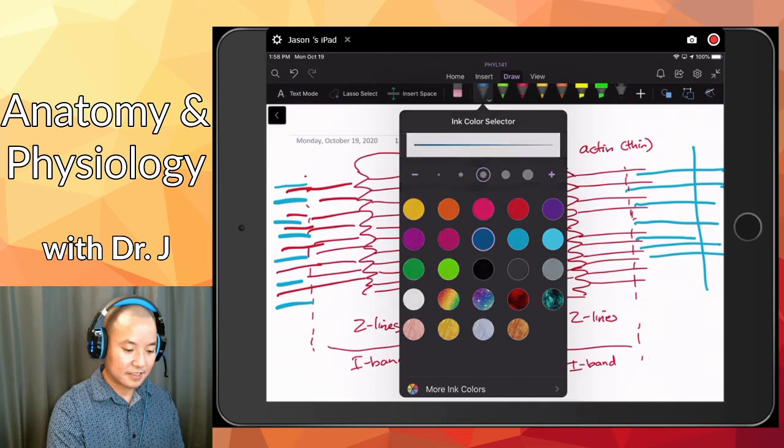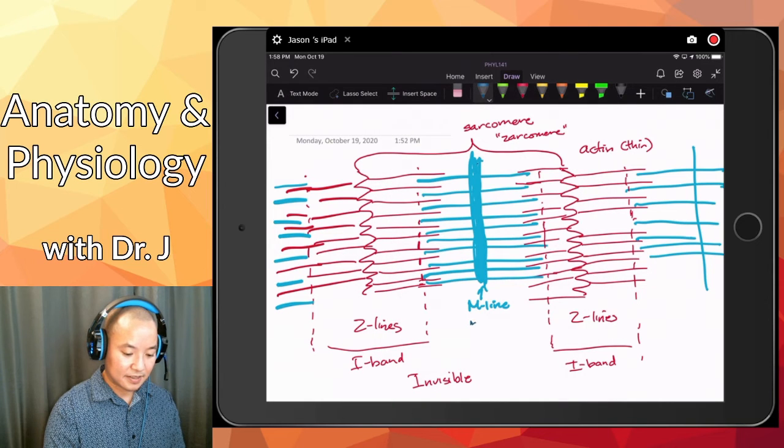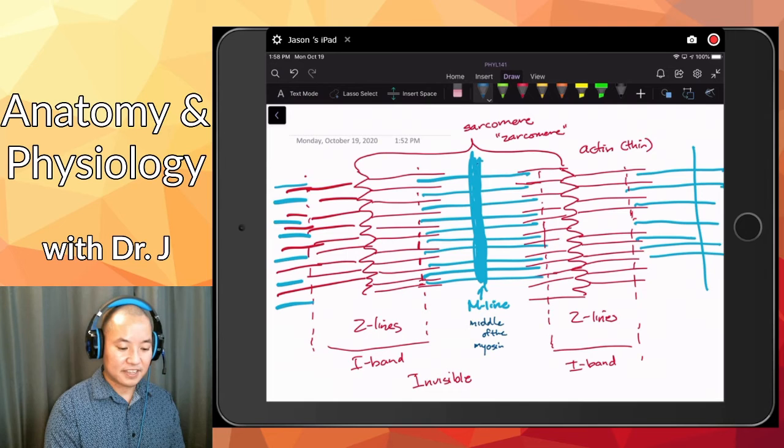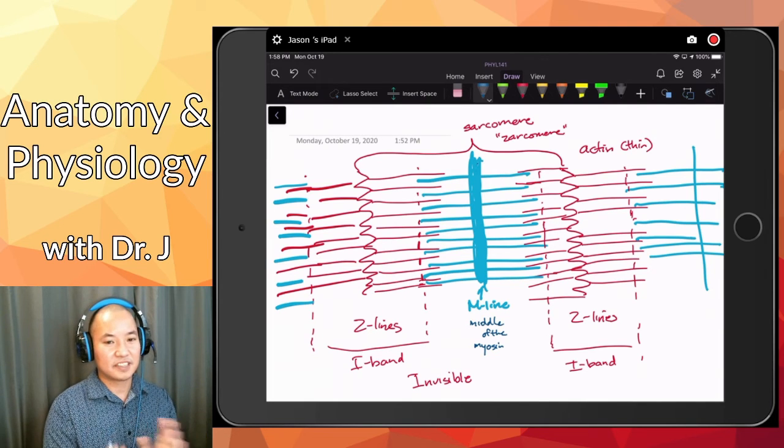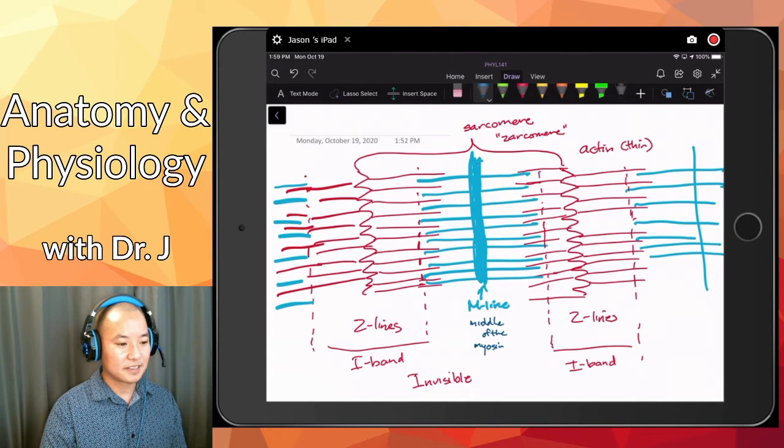The way I like to think of it, M line is middle of the myosin. Notice that's actually around the middle of a sarcomere as well. So I think M line in the middle. Both start with M. So that one's pretty easy.